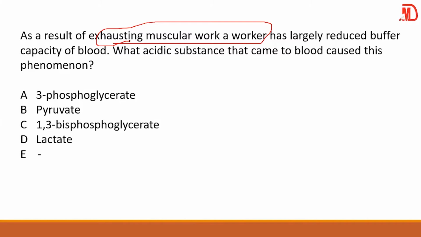The acid that comes as a result is called lactic acid, or lactate. So your answer is D, lactate. They've formulated the question in a different way, but it's the same thing.